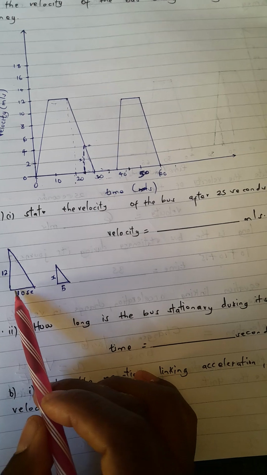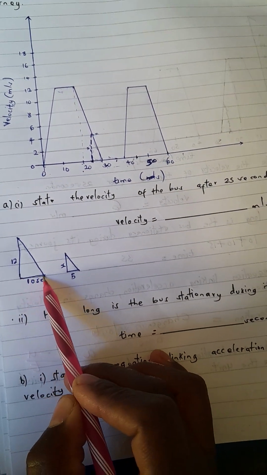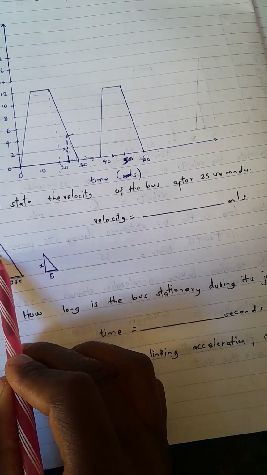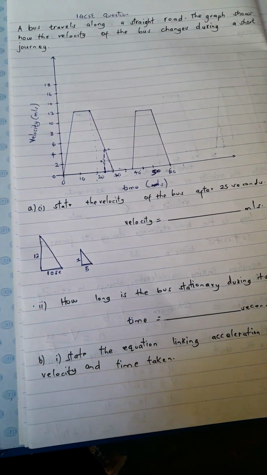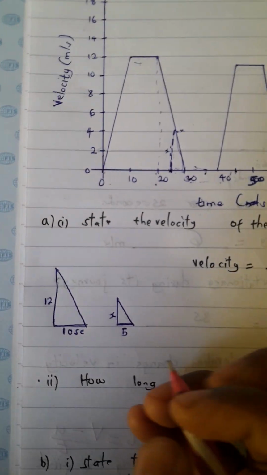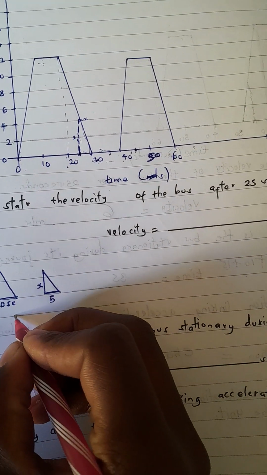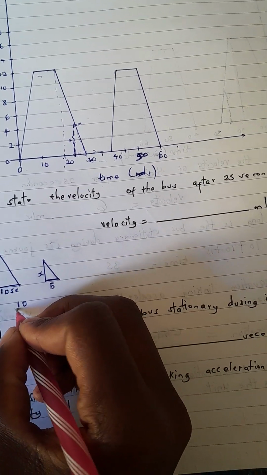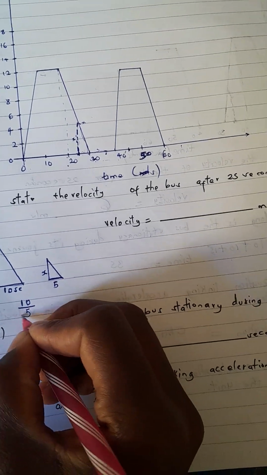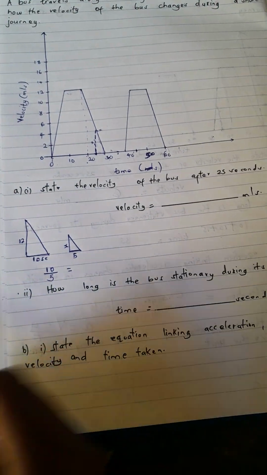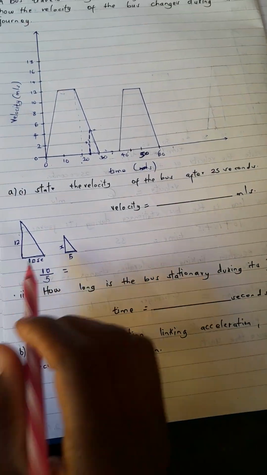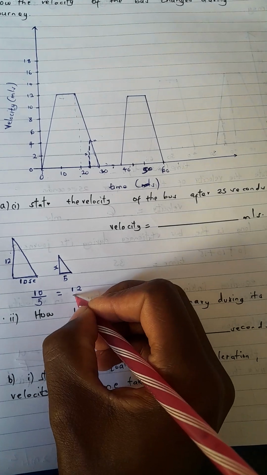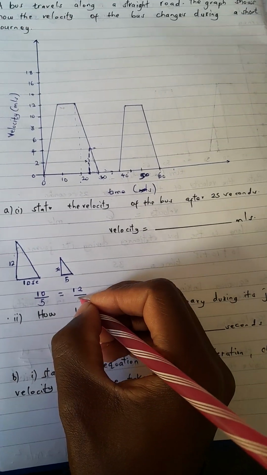The base and the small base, and the big height and the small height, are in the same ratio. So it will be 10 from the big triangle, divided by 5 from the small triangle, is equal to 12 from the big triangle, divided by x from the small triangle.